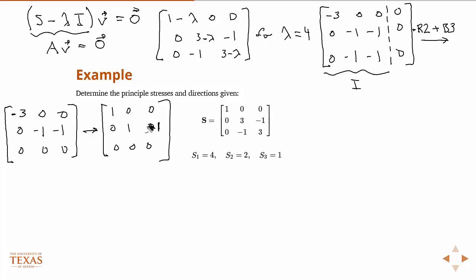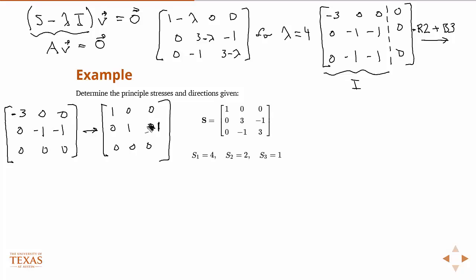Remember, what we're solving for here is a direction. As long as I have the direction right, no matter the magnitude of the vector, it'll have a corresponding eigenvalue. So there are infinitely many solutions to this problem.